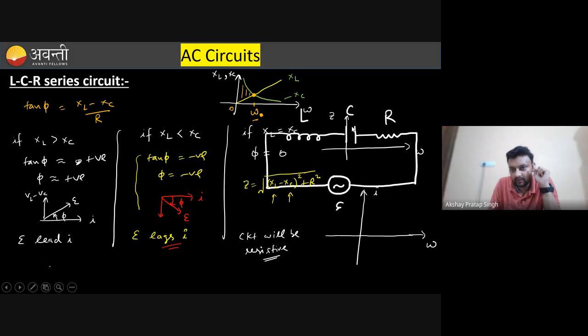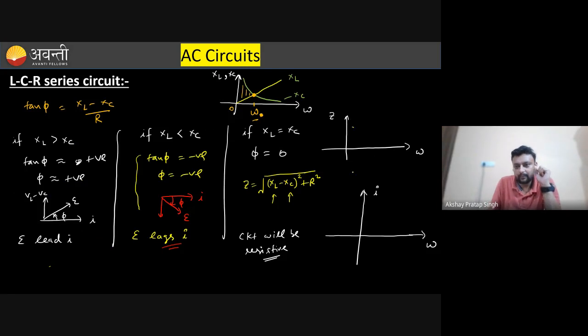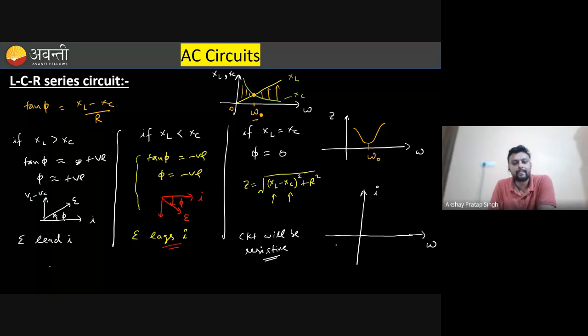It was decreasing, decreasing, decreasing. After this omega naught, it starts increasing. I will draw it again like that. So the point at which it becomes minimum is omega naught.